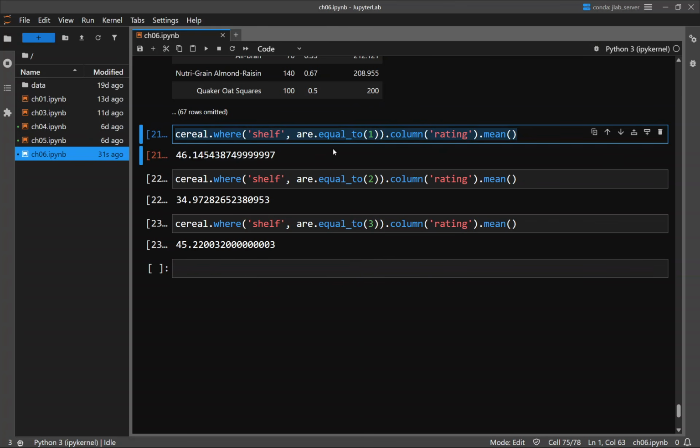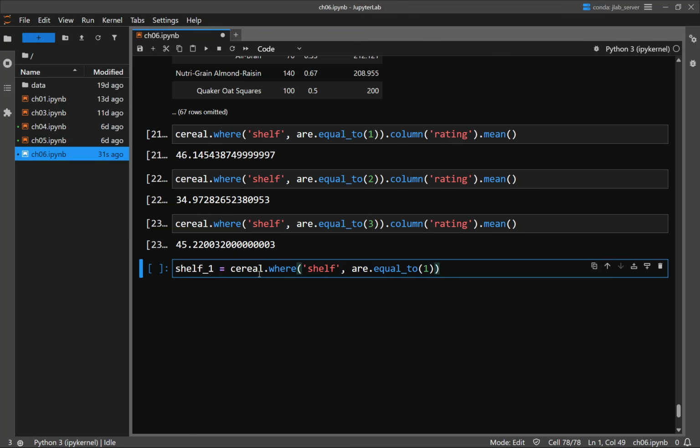Yeah, we can go even further than this. Let's break it down just for fun. We can do shelf 1 equals this bit, right? This will give me all the shelf 1 cereals.